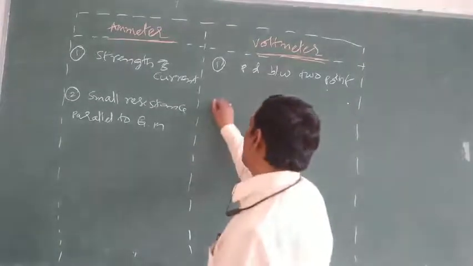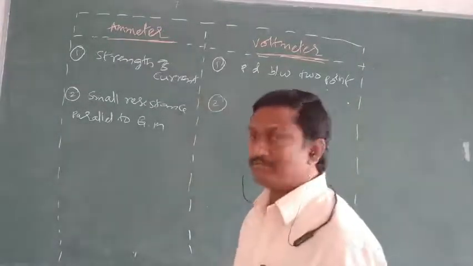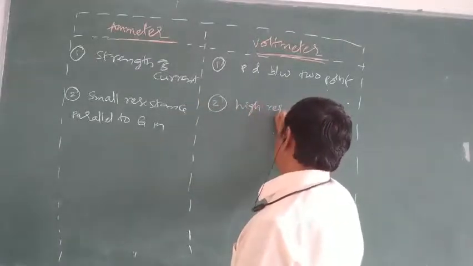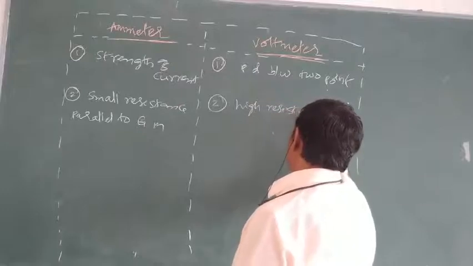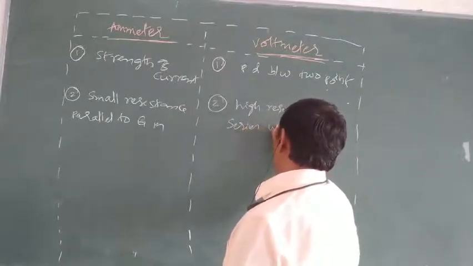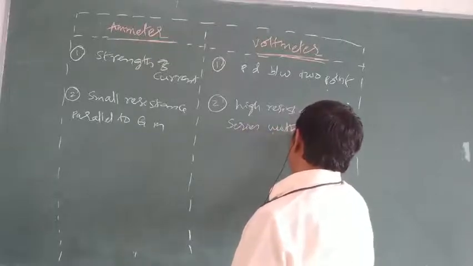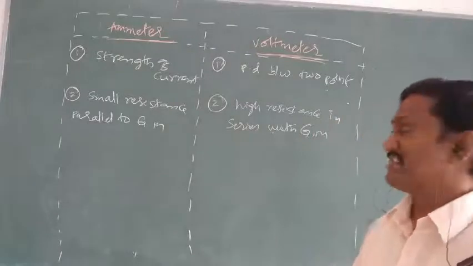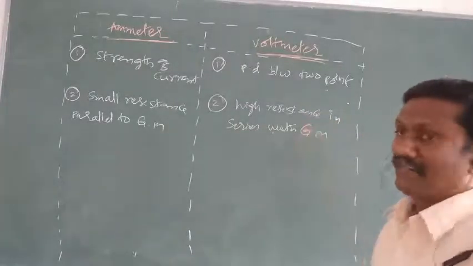Next, how to convert a galvanometer to a voltmeter? By connecting a high resistance in series with the galvanometer, the galvanometer is converted into a voltmeter.